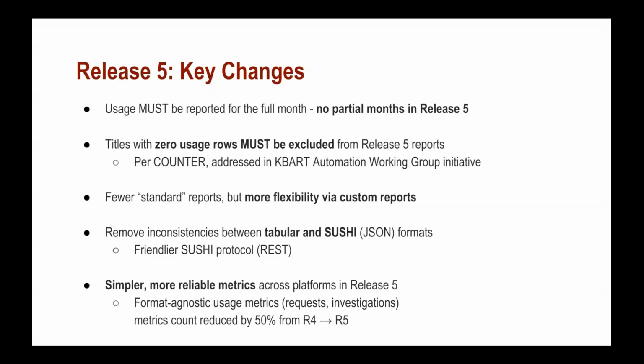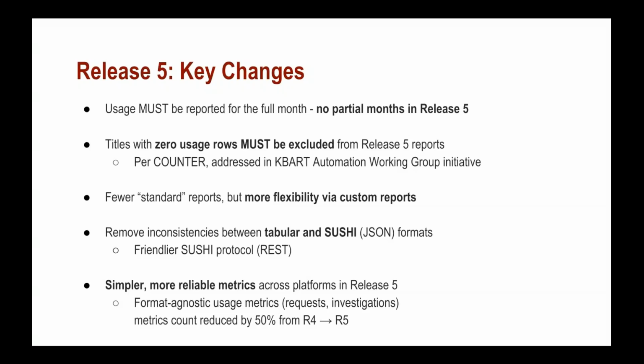We've already seen that in working on integration with libraries and other statistics services, it's been a lot smoother in working through that integration and making corrections as needed. And then also just simpler, more reliable metrics across the different platforms.